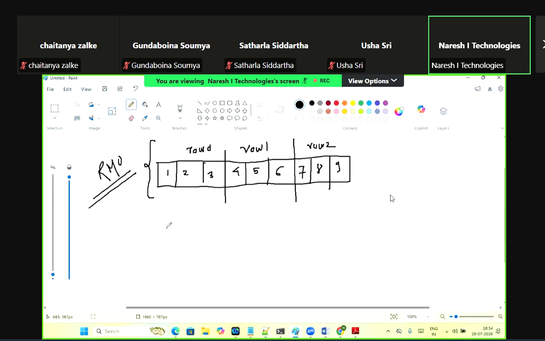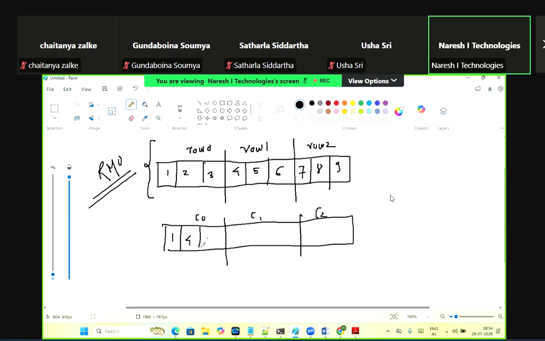So in this case, you will get like this. This will be your column 0, this will be your column 1, and this will be your column 2. So you write here 1, 4, 7. You're getting here 2, 5, 8, right? And you're getting here 3, 6, 9. This is nothing but your column major order. You're storing the data in this, correct? Clear guys, how exactly the row major order and column major order are getting stored?